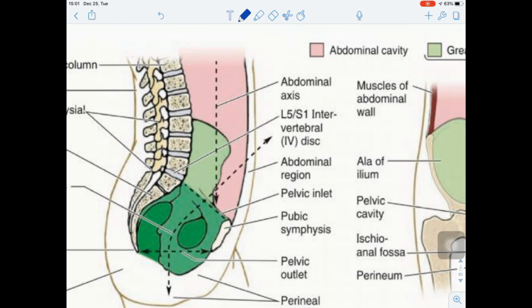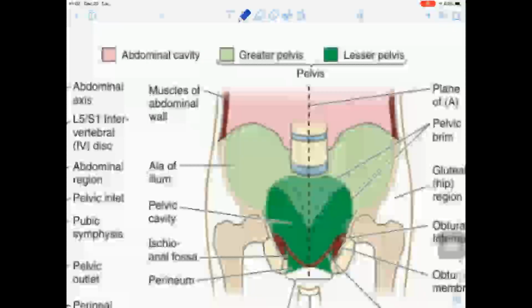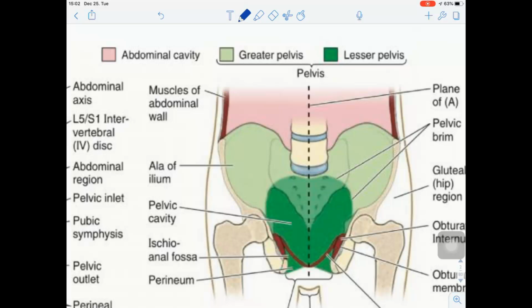Why? Because the greater pelvis actually contains the lower part of the abdominal organs. For example, in the large intestine, we learned about the cecum, or the terminal part of the ileum. The appendix is on the right side, in the right iliac fossa. So the greater pelvis is the area related to the iliac fossa. As you see here, that's the coronal section.